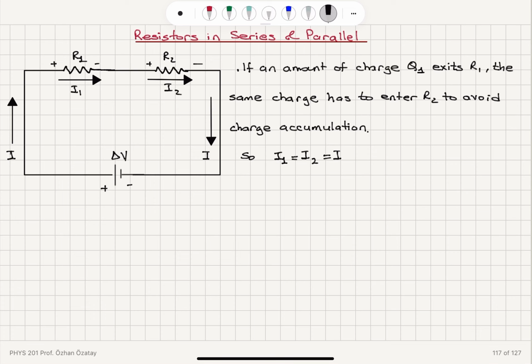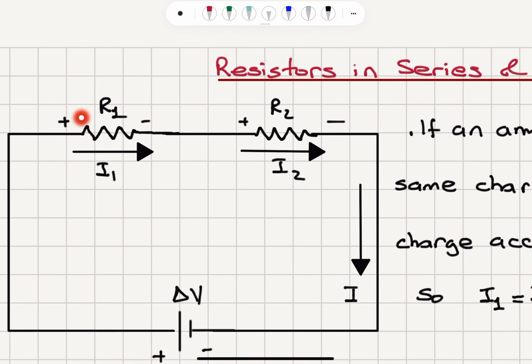Okay, what about the potential difference? If you look at the potential difference between the terminals of R1, I will call that delta V1. So I have here delta V1. And for R2, I have delta V2. So this is plus minus, as you can see here.